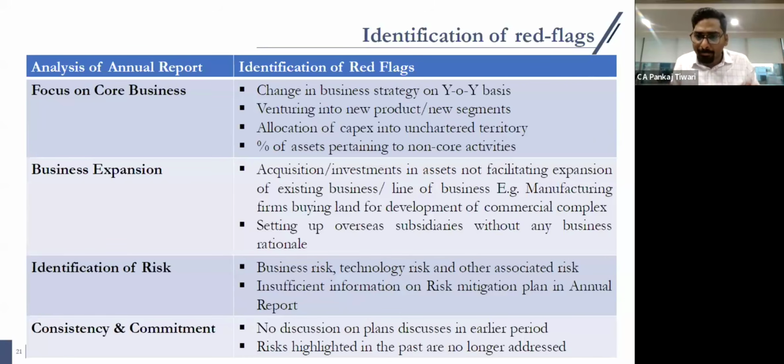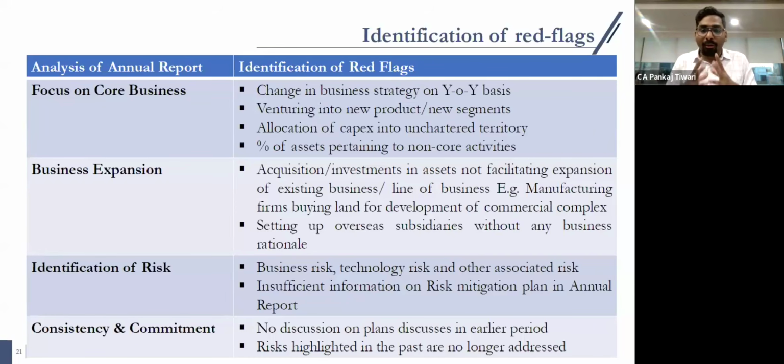A very good example could be Kingfisher. They were particularly an airline company. They ventured into so many businesses that the focus and the funds required for the airline company were routed to other business activities. If you look at some of the other entities which have failed, it is primarily because the money raised for core business activities was diverted to other activities.